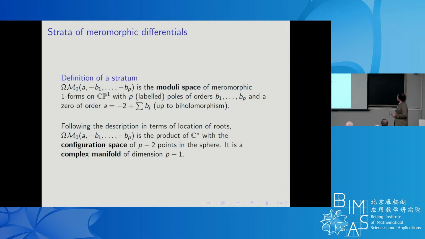A configuration space of finitely many points on the sphere is a complex manifold, or orbifold if you allow symmetries. That's why we label the poles. Its topology is quite easy to describe.